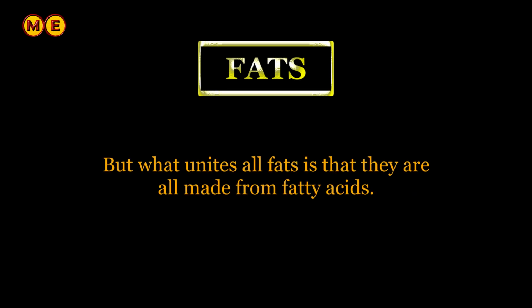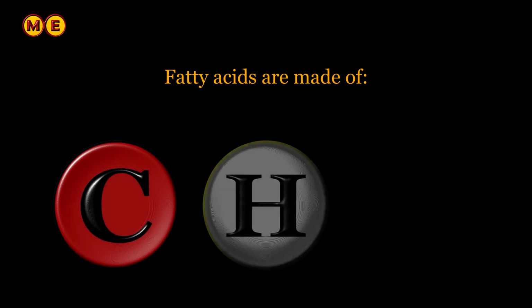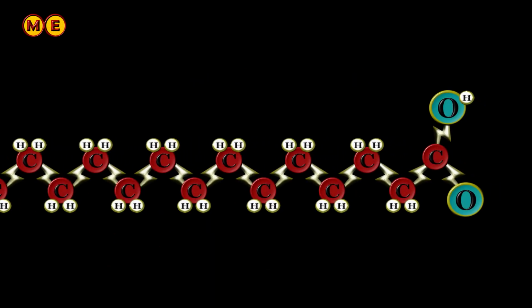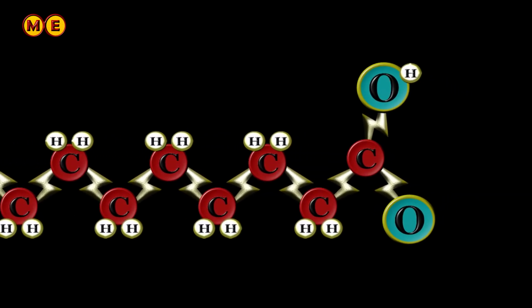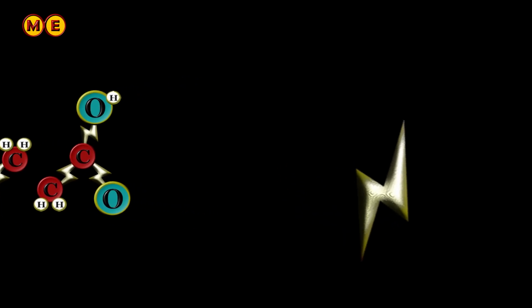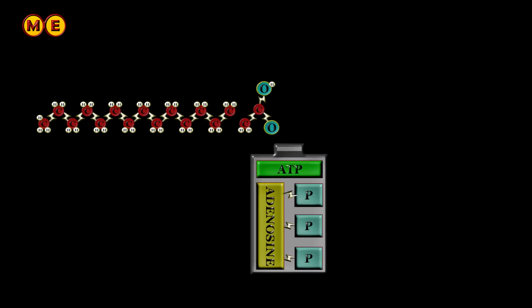But what unites all fats is that they are all made from fatty acids. Fatty acids, on the other hand, are made of carbon, hydrogen and oxygen, with carbon atoms linked in chains of different lengths. Our cells can separate the carbon atoms and use the energy that binds them to recharge our ATP batteries.